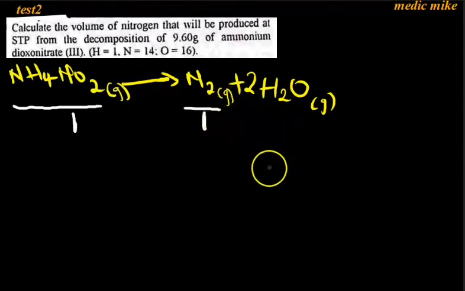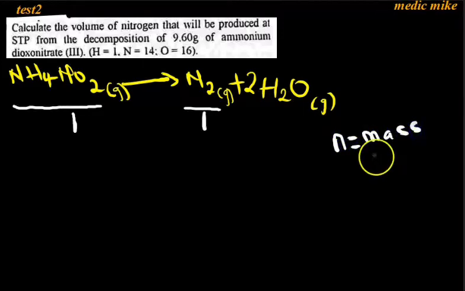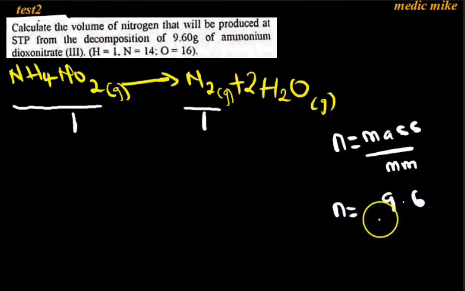Remember I said mole is equal to mass over molar mass. The mass that was given to us in this question is 9.6, but yet we don't know the molar mass of ammonium dinitrate. So what are we going to do?